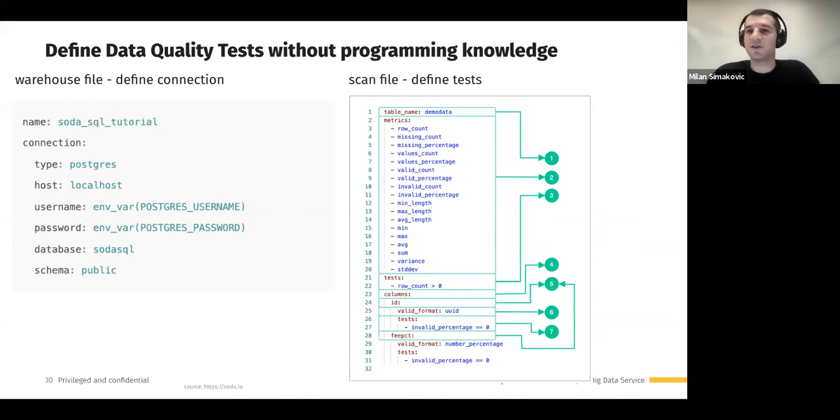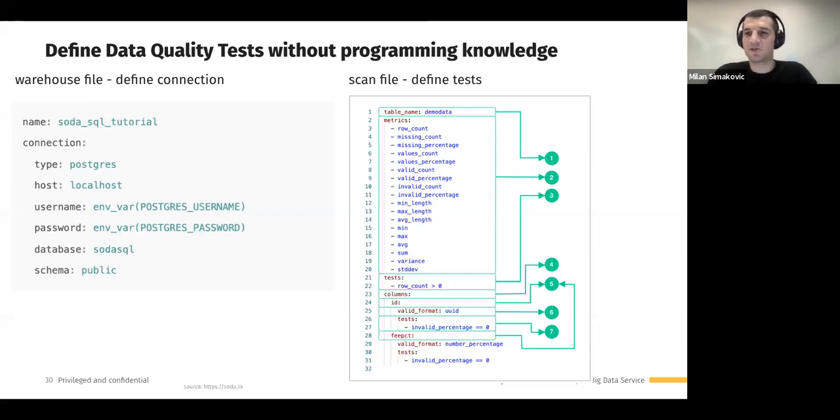For metrics, there is a very rich portfolio of metrics defined out of the box in Soda, and I highly recommend you visit the Soda documentation for the full list.